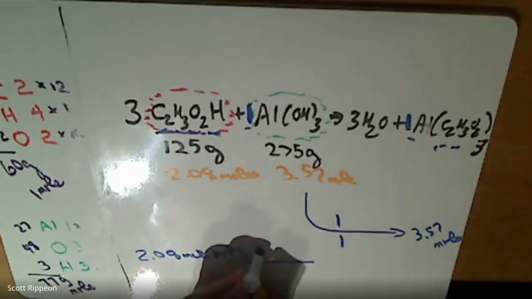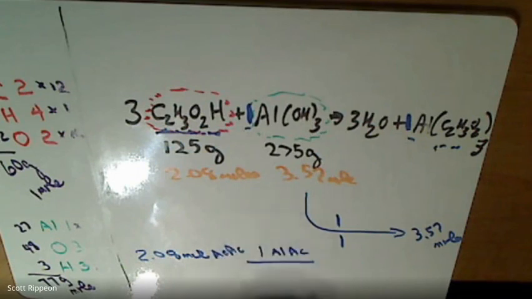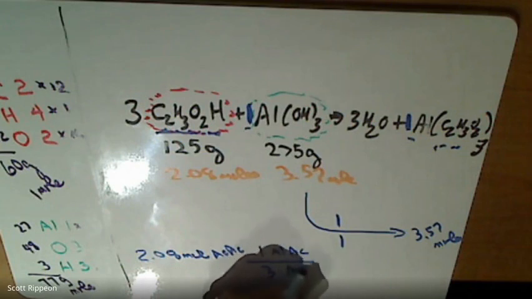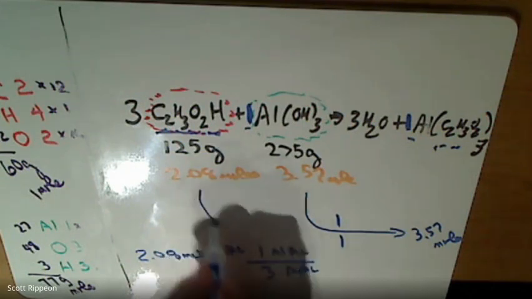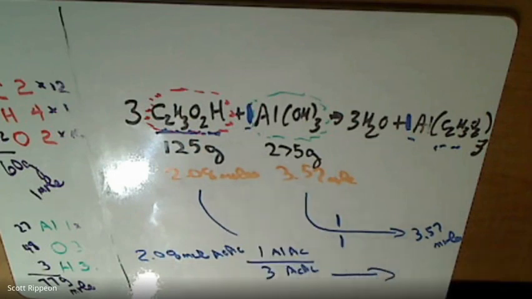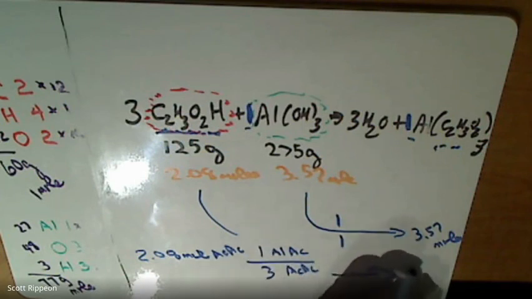So I make 1 aluminum acetate for every 3 acetic acids. So how much would I make? Well, it's 2.08 times 1 over 3. That's going to be like 0.6 something, about 0.6869 of this stuff.